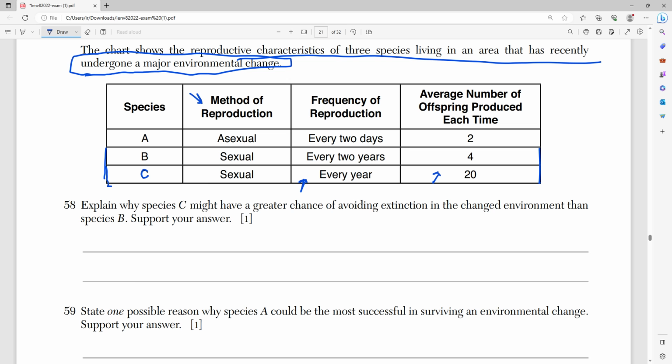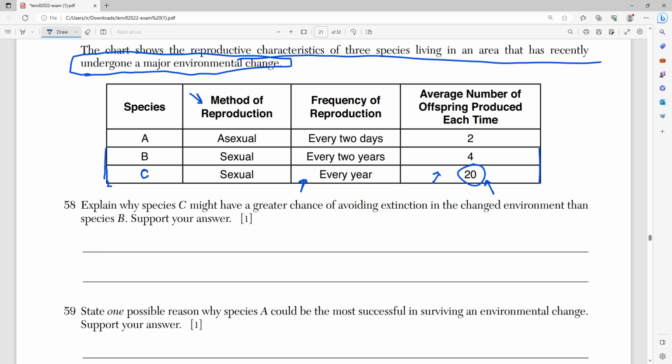So that means you have a greater chance of something varying. Somewhere along the lines, with one of these 20 offspring produced by just 2 parents, one of them is going to have some variation that's going to help them survive, right?